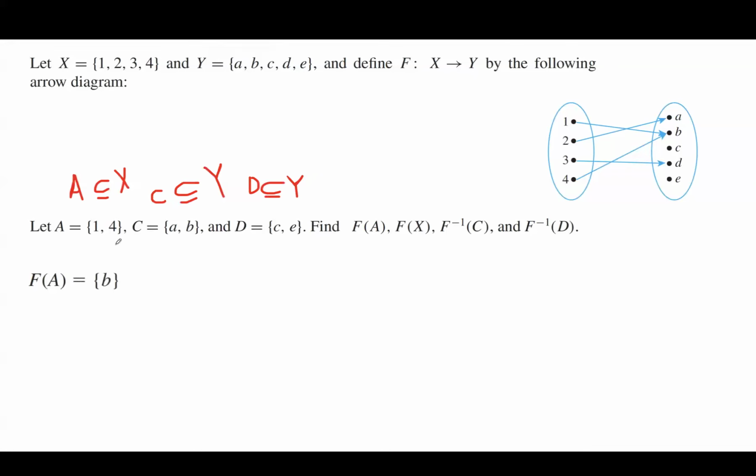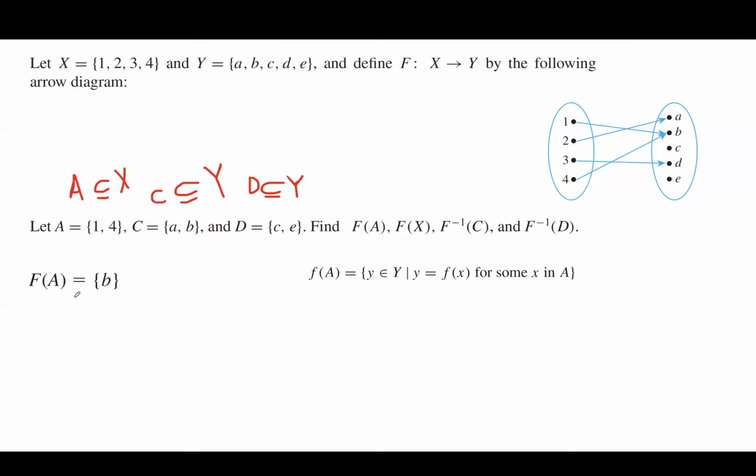By definition, f of A is the set of all y values such that y equals f of x for some x in A. So A is 1 and 4. 1 is mapped to b, 4 is mapped to b.